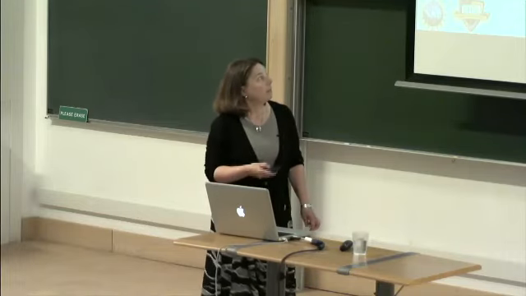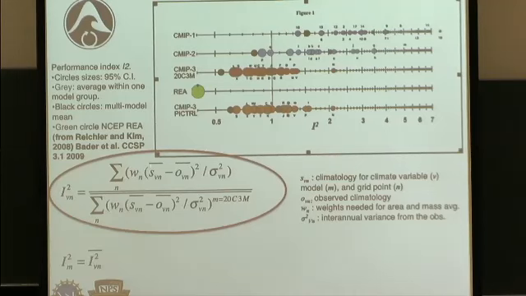So you've probably all seen this plot before. It's from Reichler and Kim, and it's also included in the U.S. Climate Change Program assessment report on the quality of climate models. It shows the change in the CMIP ensembles from 1 to 3 over the generations of the IPCC reports.